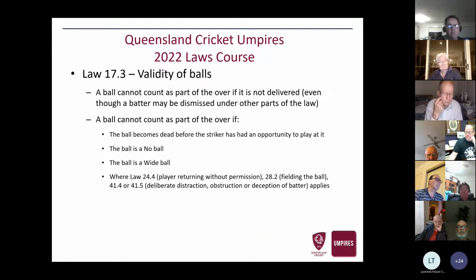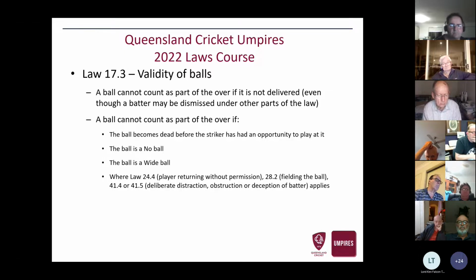In terms of what actually counts towards one ball of the over, ultimately a ball cannot count as part of the over if it's not delivered, even though a batter may be dismissed under other parts of the law. So, for example, if the non-striker is run out, that ball doesn't count as part of the over.